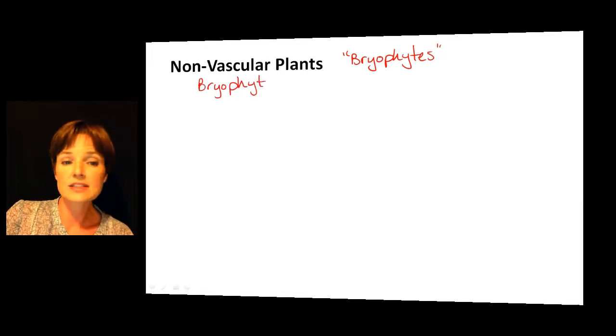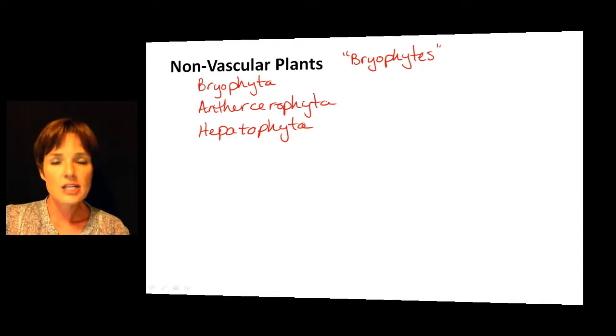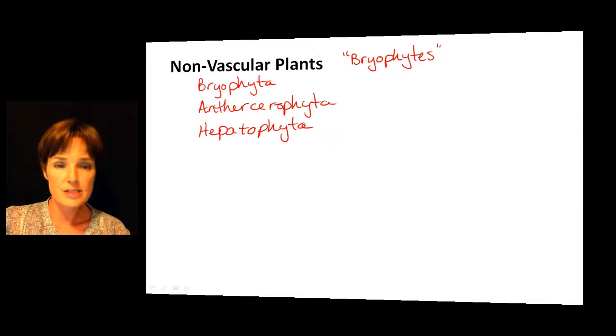Now that is obviously where that name came from, but we do have 2 other phylums that fall into this. We're going to have Anthocerophyta, and then we also have Hepatophyta. We're going to talk about each one of these groups, but we're first going to focus on the bryophytes.